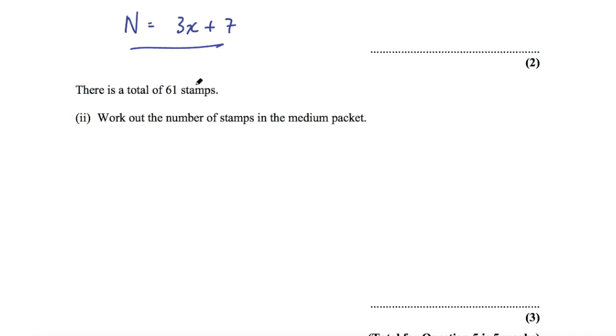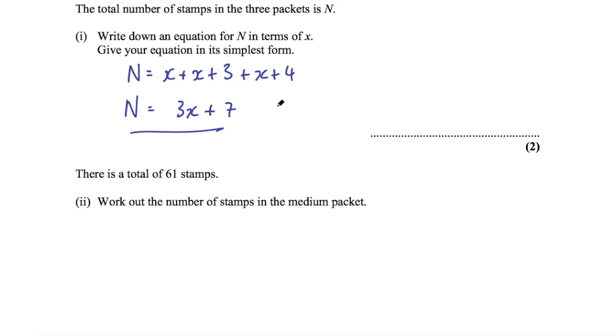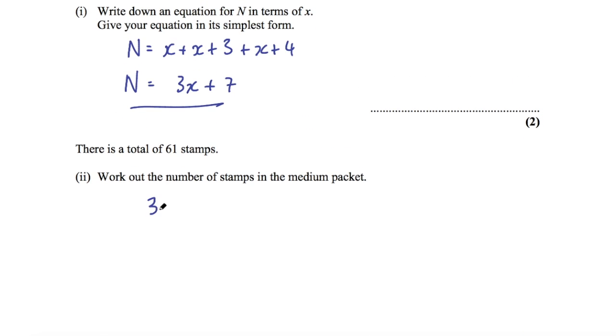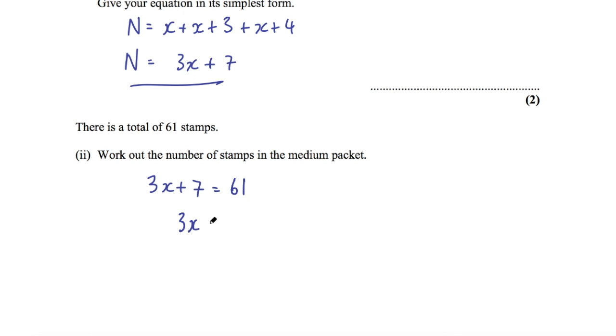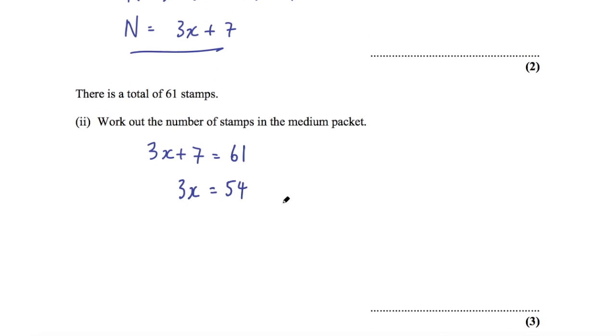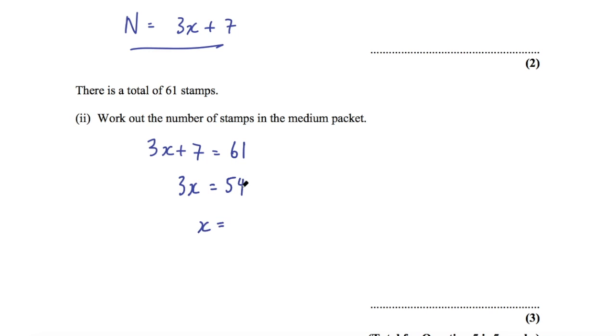Then they tell us there is a total of 61 stamps. Work out the total number of stamps in the medium packet. So they're saying n equals 61. So we can say 3x plus 7 equals 61. So then 3x equals 61 minus 7, that's 54. And then x equals 54 divided by 3, and 3 lots of 18 is 54.